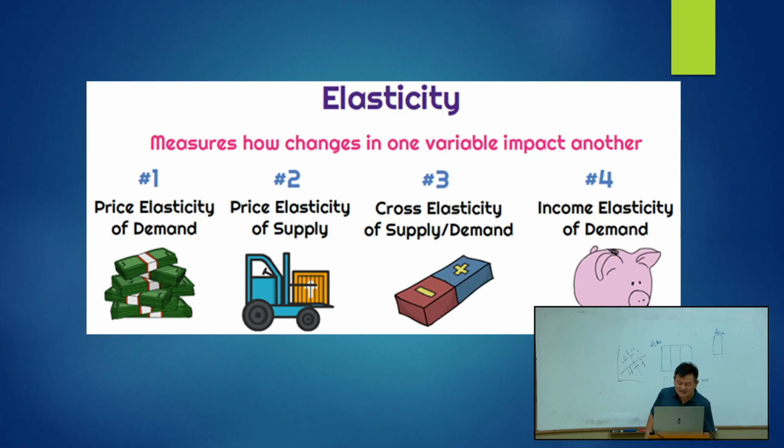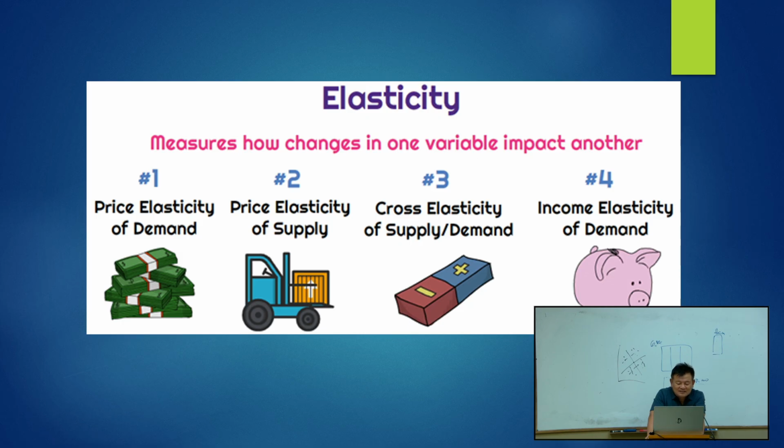And another picture of elasticity is this one. It measures how a change in one variable impacts another. For example, if inflation increases, how do other factors change? Number one is price elasticity of demand. Number two is price elasticity of supply.